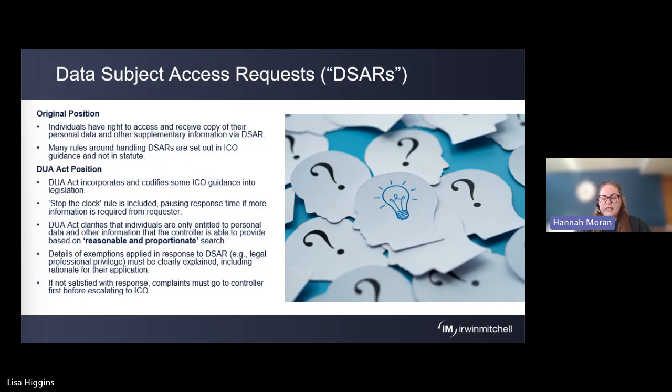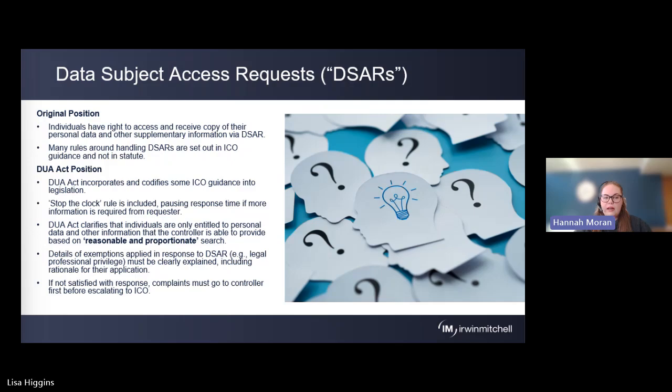If you do receive a DSAR, you've got to respond without delay and within one calendar month of receipt, unless one of the limited reasons for extending the time limit applies, for example, if it's complex. A lot of the rules around how to handle DSARs, the response times, and how to search for the information have been set out in ICO guidance rather than in the legislation to date.